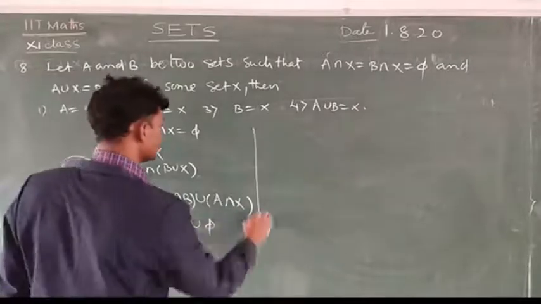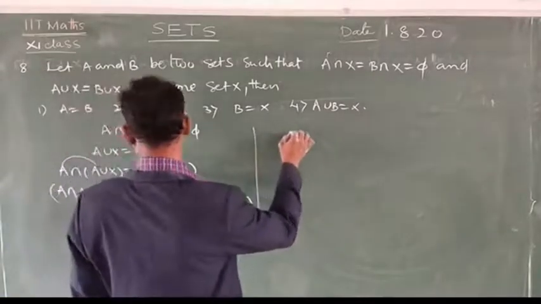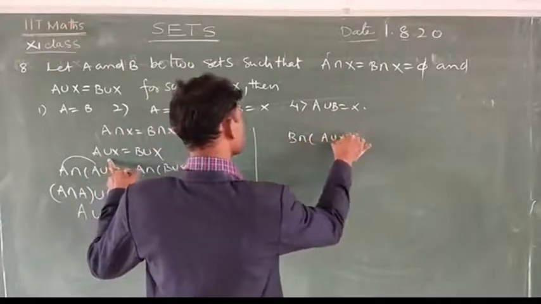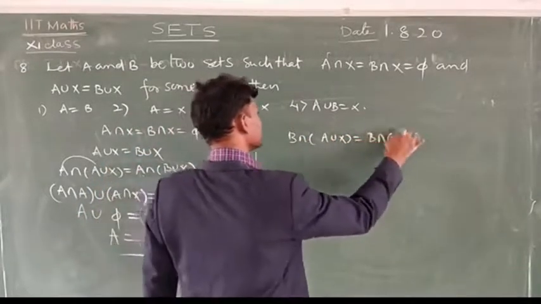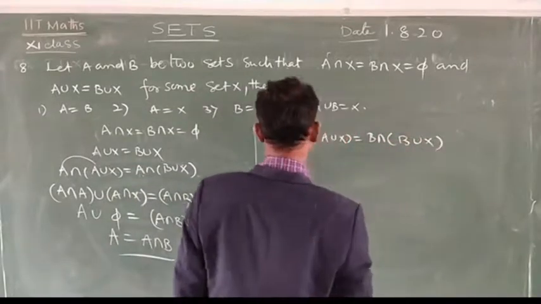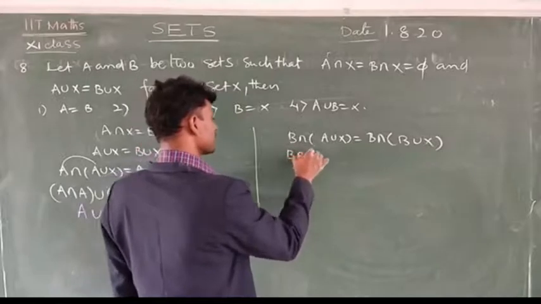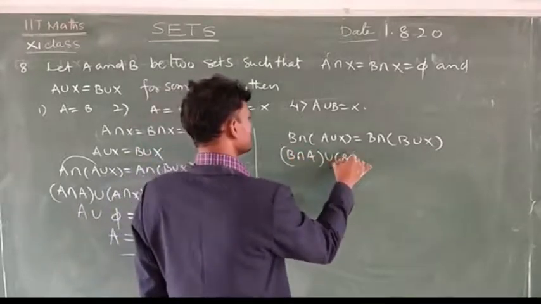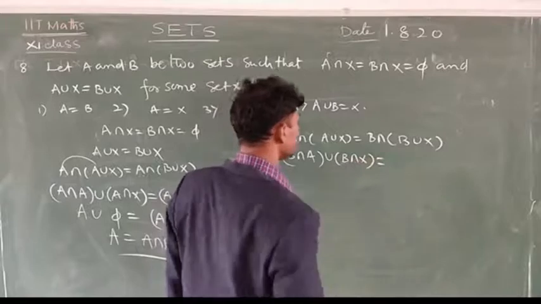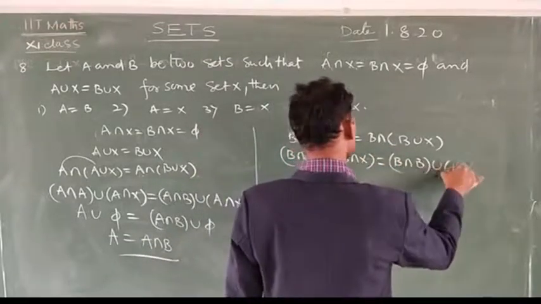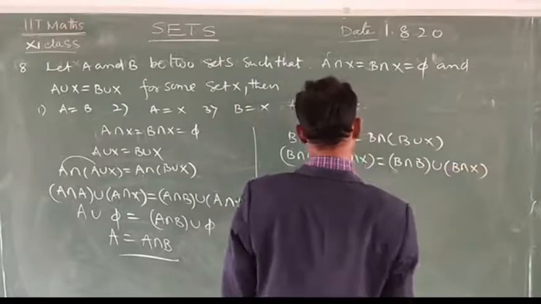Now you can take the second case, B intersection on either side. Here, given the statement A union x is equal to B union x, taking B intersection on both sides. Now here also you have to apply the distributive law: B intersection A union B intersection x. Next here also B intersection B union B intersection x.